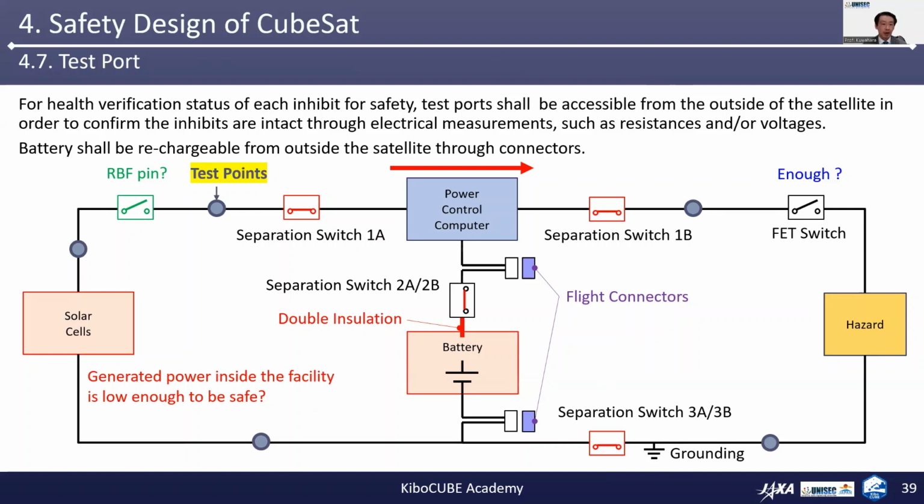For health verification status of each inhibit for safety, test ports shall be implemented and accessible from the outside of the satellite in order to confirm that the inhibits are intact. This is performed through electrical measurements, such as the resistances of the circuits and the voltages between 2 test ports.